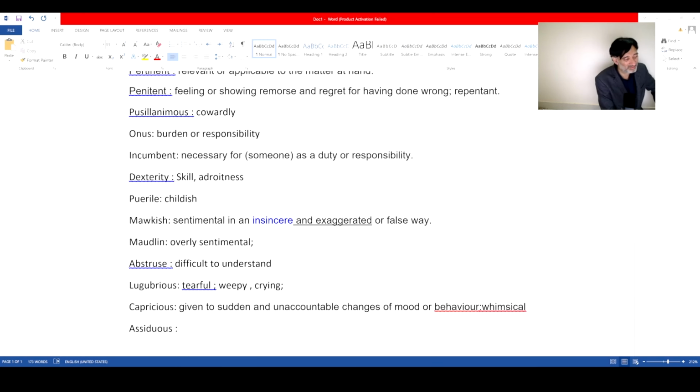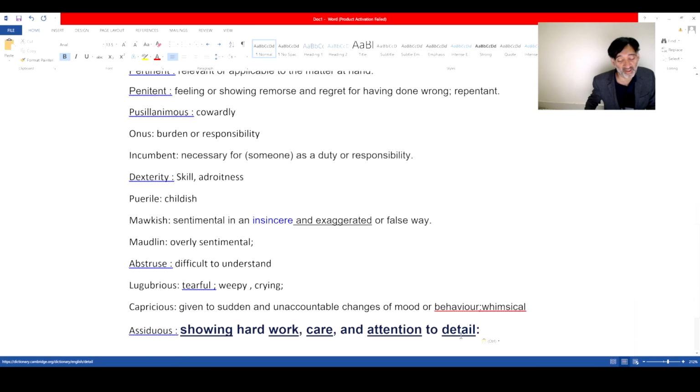It is an adjective, right? Assiduous. You pay a lot of attention to detail and work hard. So you're showing assiduous application to something, diligent, showing hard work, care, and attention to detail. I'm just a bit lazy, so I'm copy pasting some text. I would rather write it down.